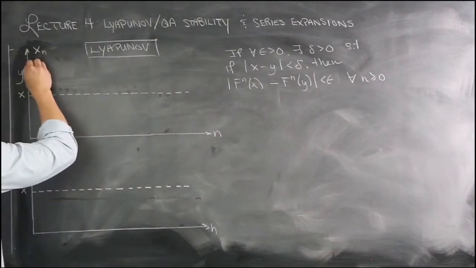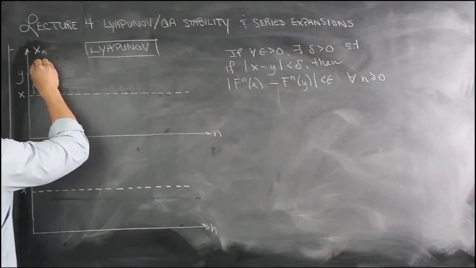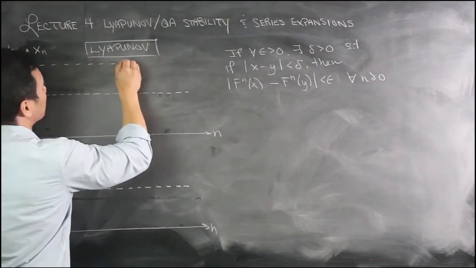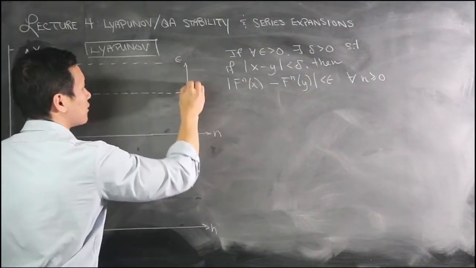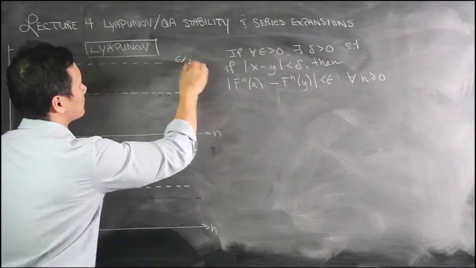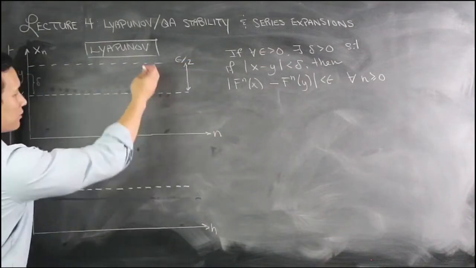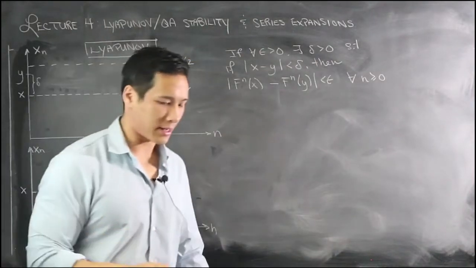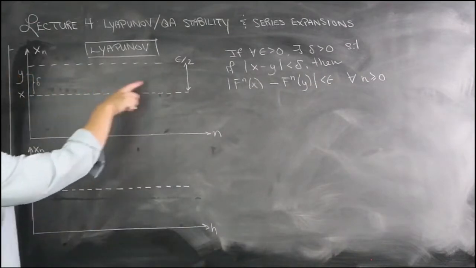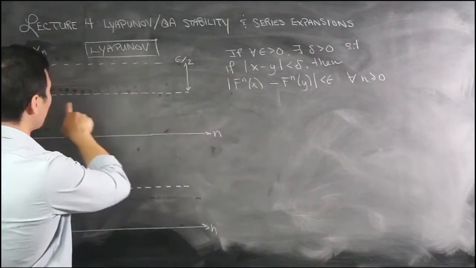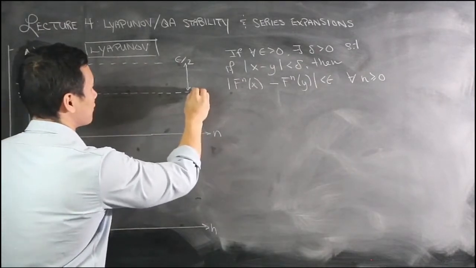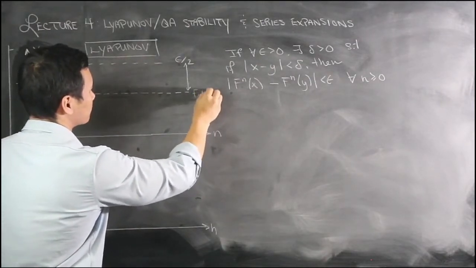So this might be my epsilon here. Okay, so this distance here is epsilon, or if you want to be specific, you say it's epsilon over 2, because I just want to measure distance up and down. And so you've challenged me to keep the orbit within a distance epsilon of all the iterates of, so this here is fⁿ of x.